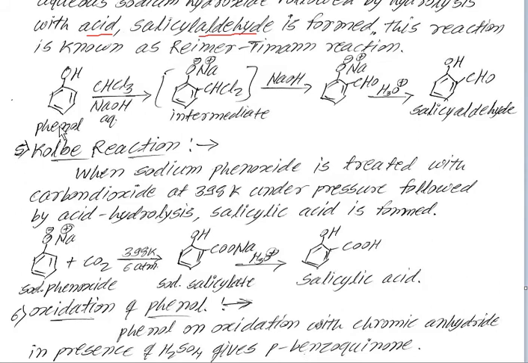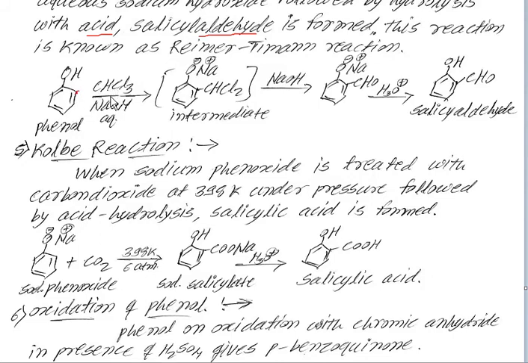See here, when phenol is treated with chloroform in the presence of aqueous NaOH, we get an intermediate like this. The chloroform group replaces one hydrogen atom of the benzene ring.